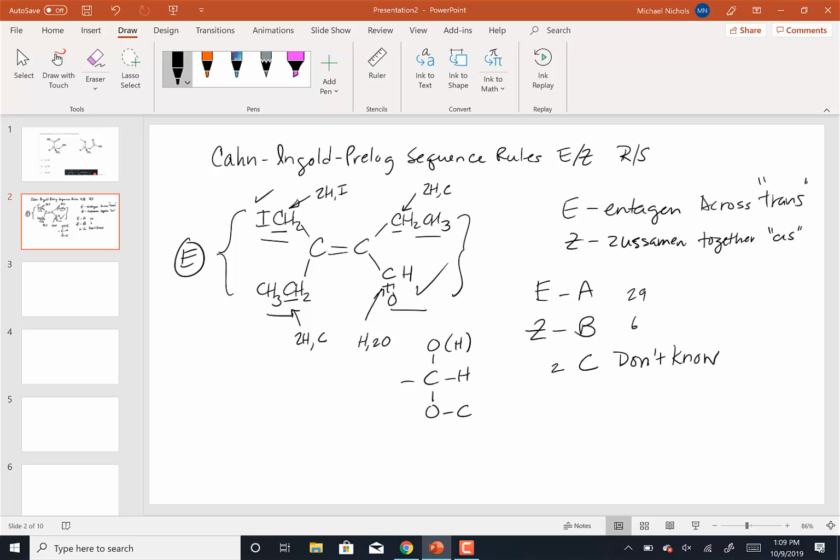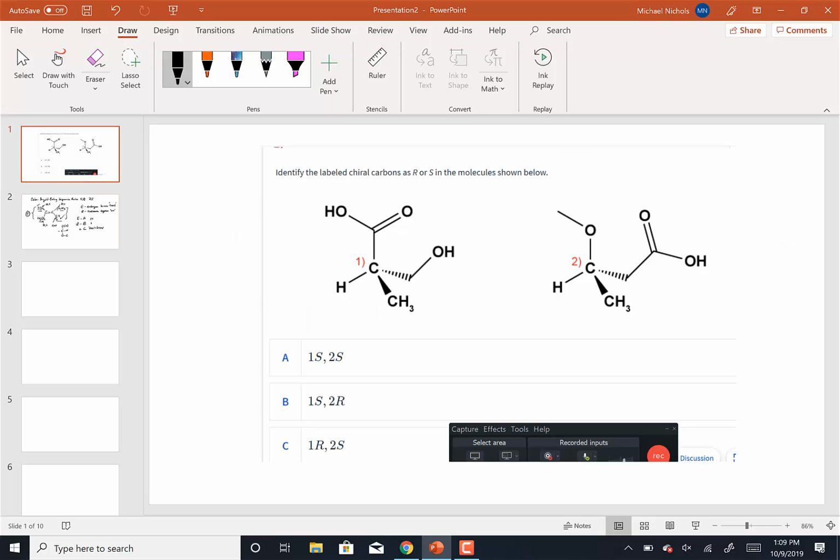Here are 2 problems from the book that somebody asked about on Piazza, and they were totally anonymous, so I have no idea whether it was this class or the previous class. If you have the same question, remember, you can endorse it, which means more than one person has that question. So let's look at number 1 here.